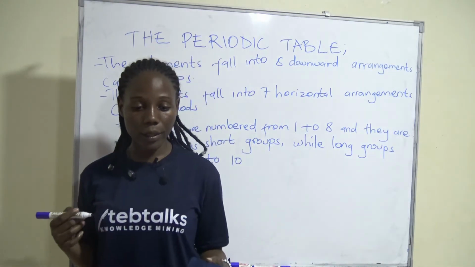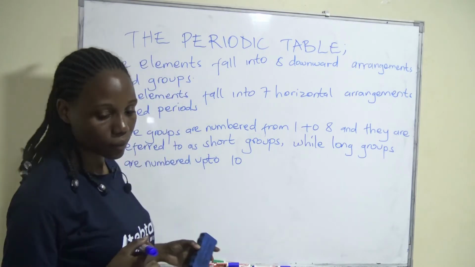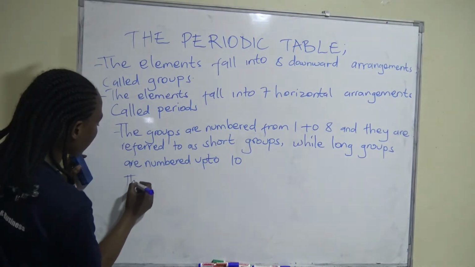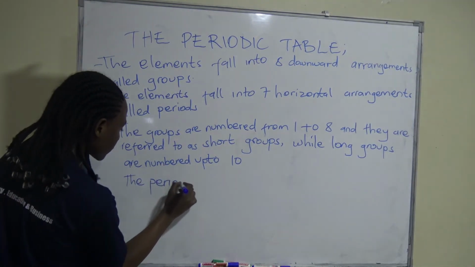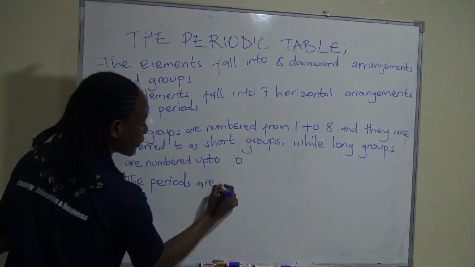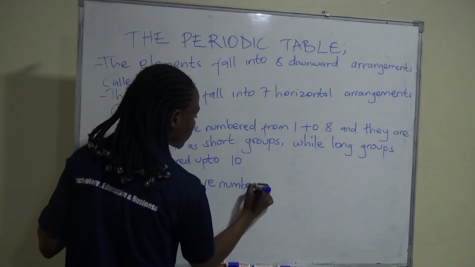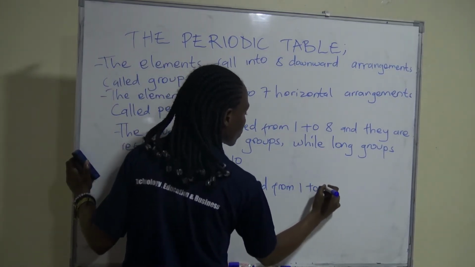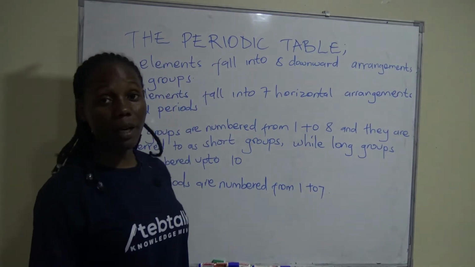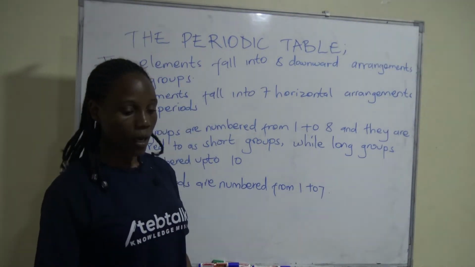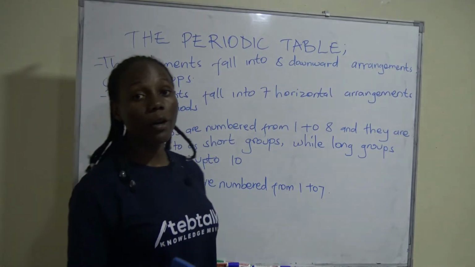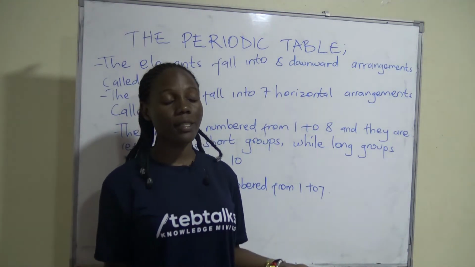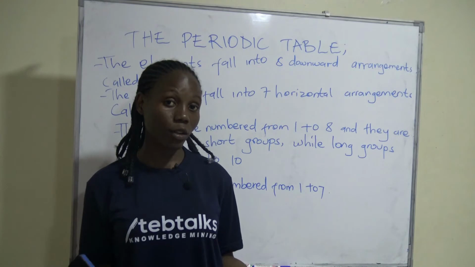The periods are numbered from 1 to 7. And if we say period 3, you'll find that almost all elements in that period behave in a given kind of way.